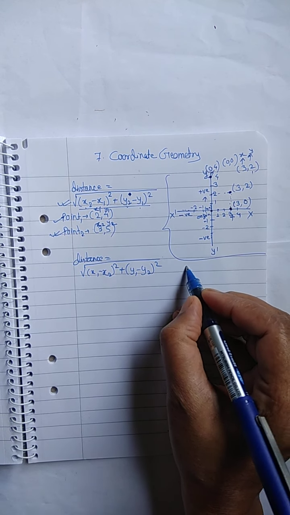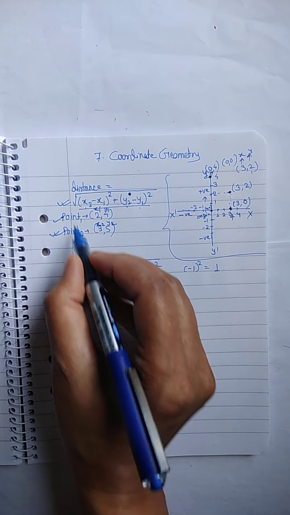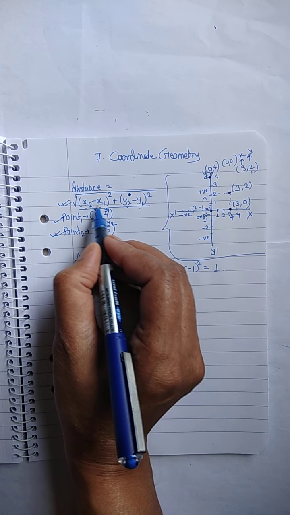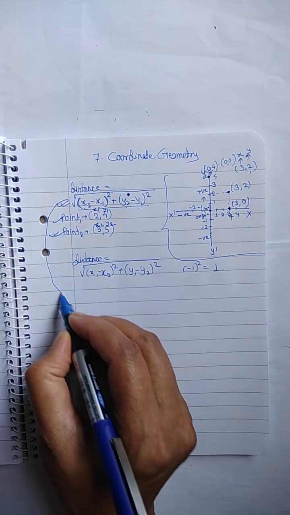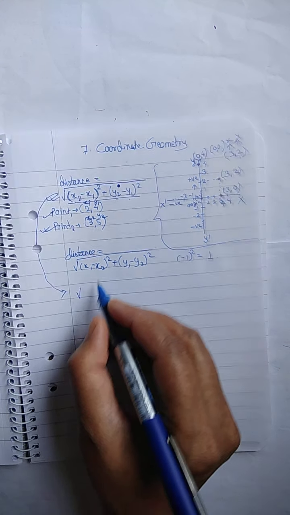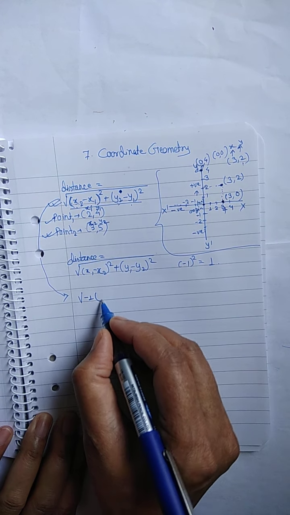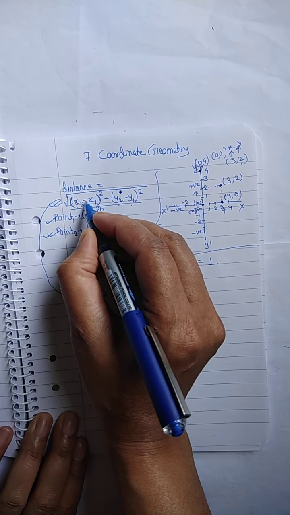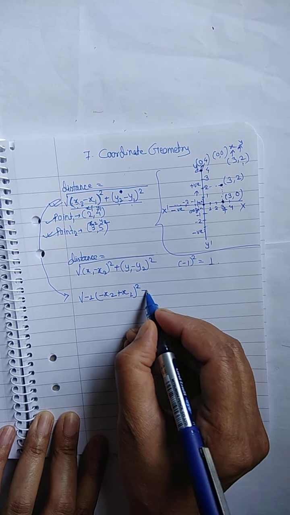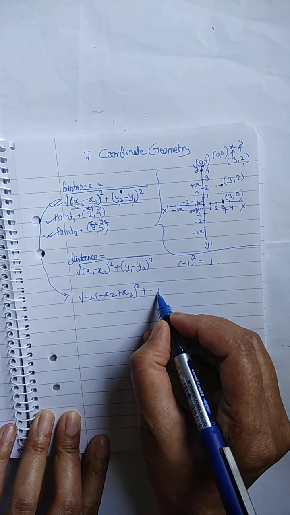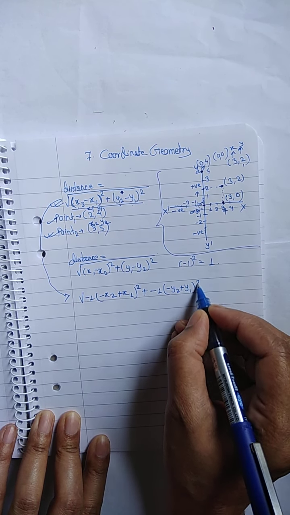Why? Because we know minus 1 square equals plus 1. If we take common from these brackets, minus will come out. Let me solve it. Under root, I take common minus 1. This is plus x2, so it will become minus x2. This is minus x1, so it will become plus x1, correct? Whole square. Plus the same thing for this also, minus 1 I am taking common, so this is minus y2 plus y1 whole square, correct?